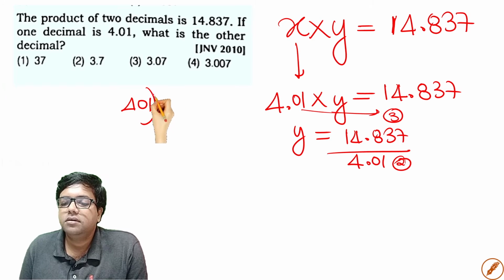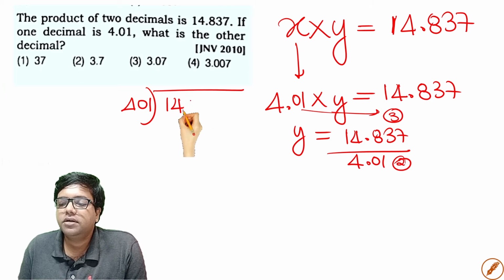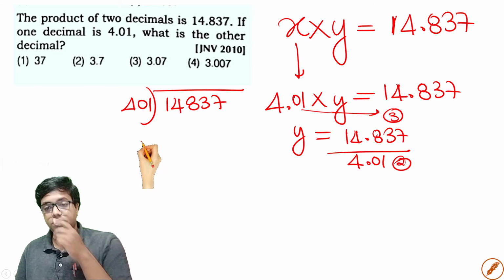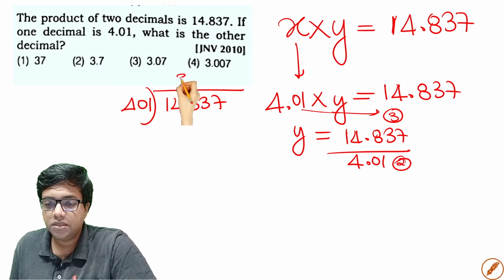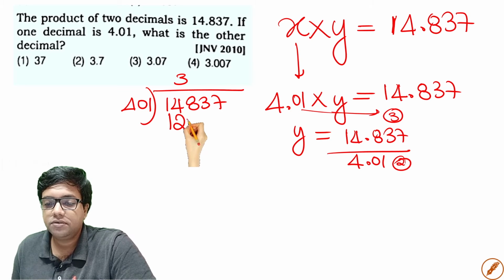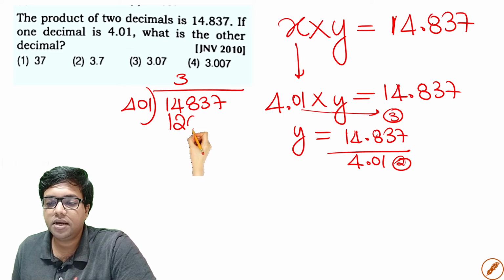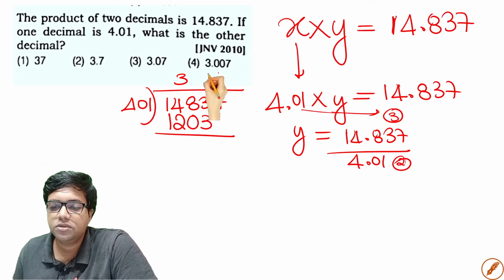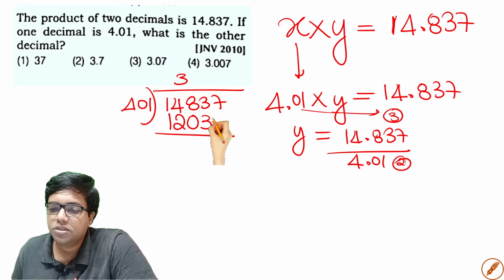401 dividing 14.837. So can we do this? 401 3s are 1203. 4013s are 1203, so what will we get?